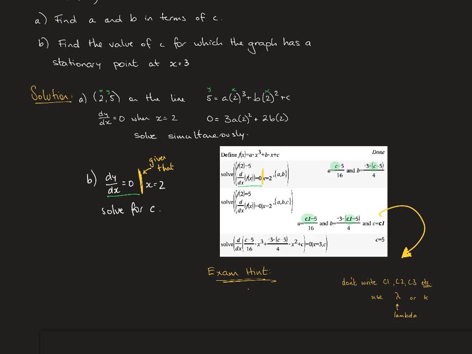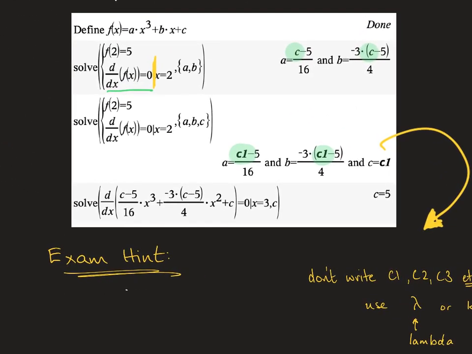Okay. Final thing that we needed to do was to find the value of c for which the graph has a stationary point at x is equal to 3. Now I'm going to do this wholly and solely on the calculator, and I've already done it, so let's have a look at what I've done here. So this is the function with our a value in terms of c, our b value also in terms of c, and of course our plus c.